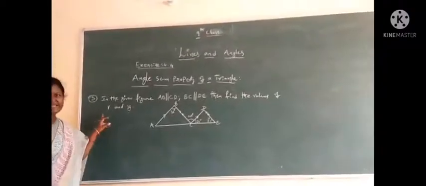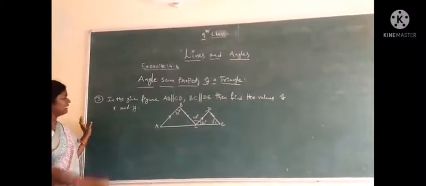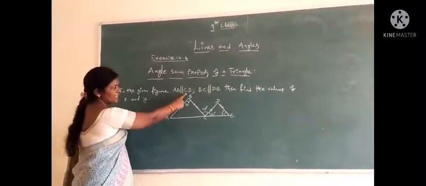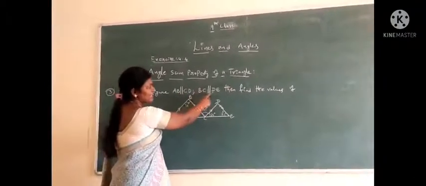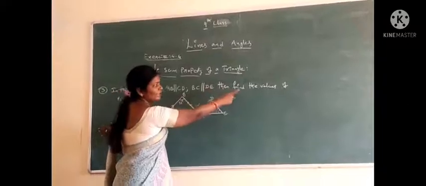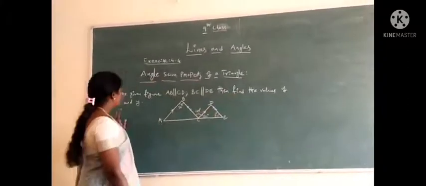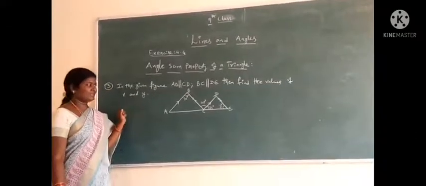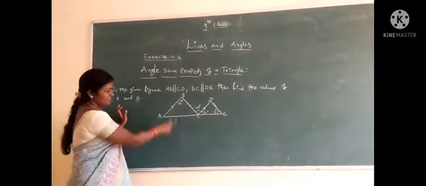Next, second problem, students. In the given figure, AB is parallel to CD and BC is parallel to DE. Then find the values of x and y. Observe this figure.